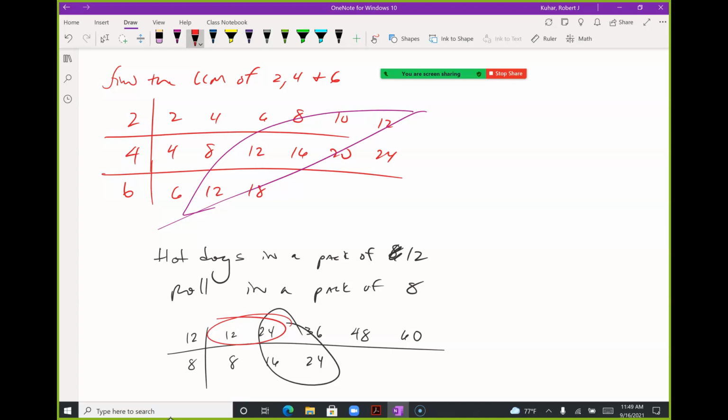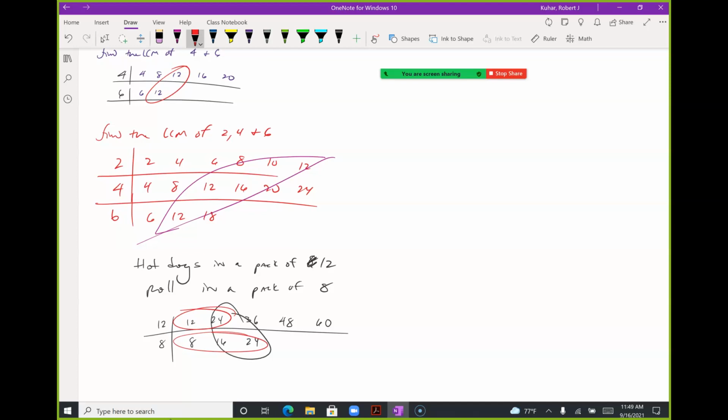And how many packs of rolls did I have to buy? 3, because that's where I got my match of 24 hot dogs and 24 rolls. So it's something that does happen in real life. It's not like a life-saving problem to solve, like cancer, right?